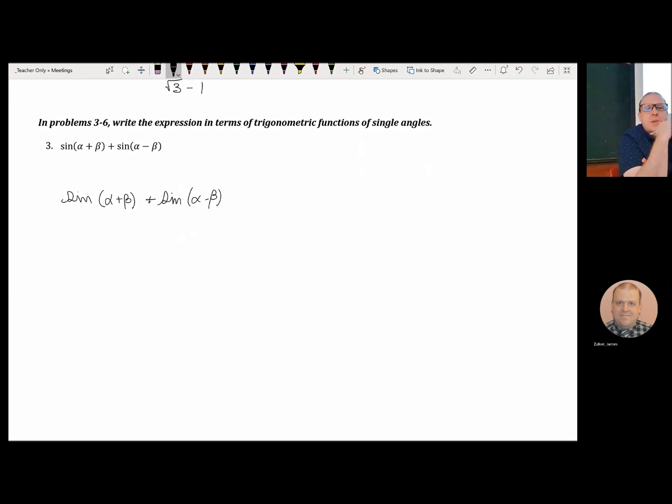Sine alpha plus beta plus sine alpha minus beta. I'll use the sine sum identity to rewrite sine of alpha plus beta. What do you get?